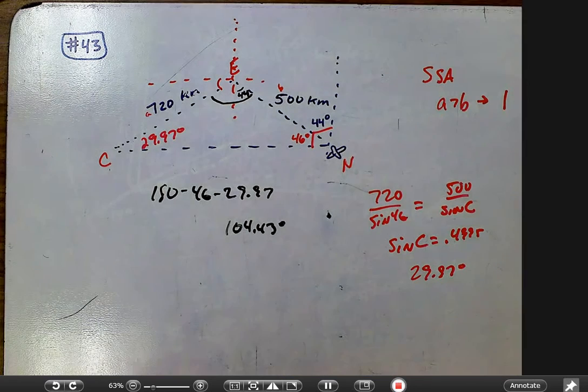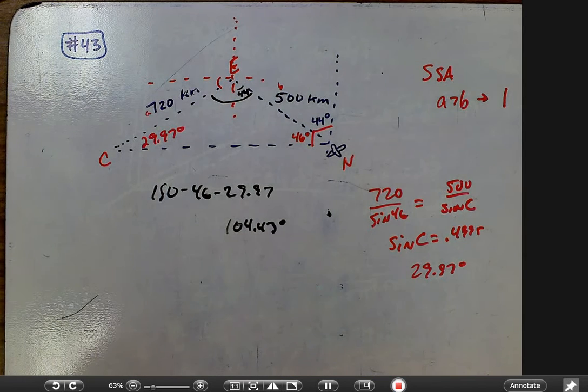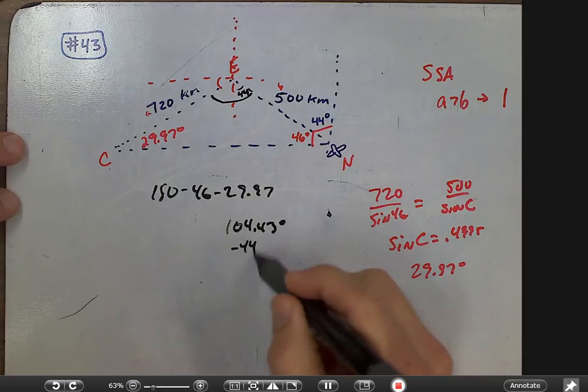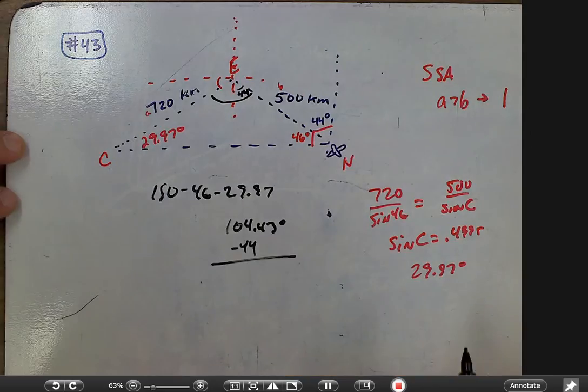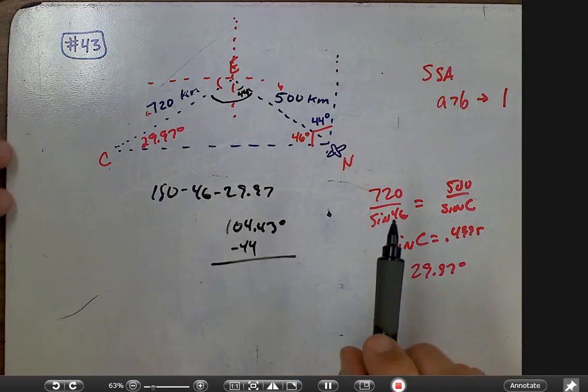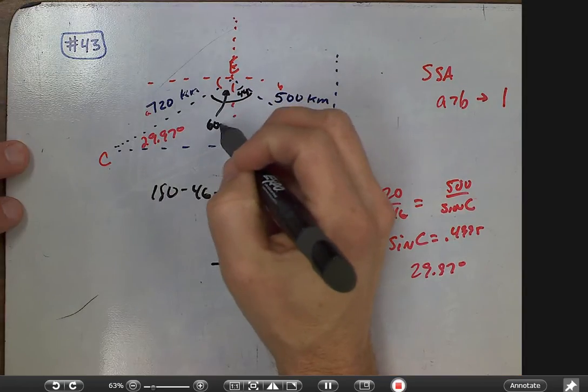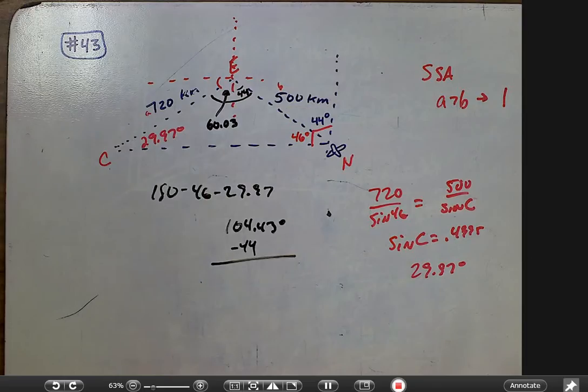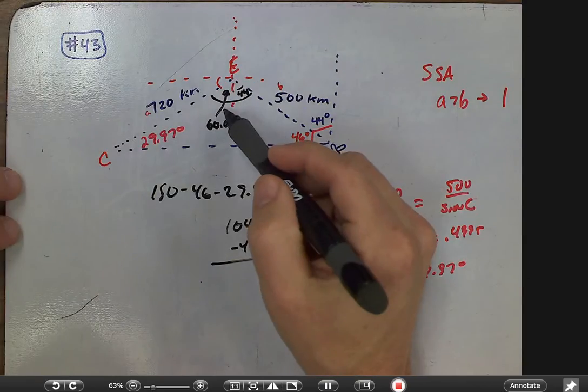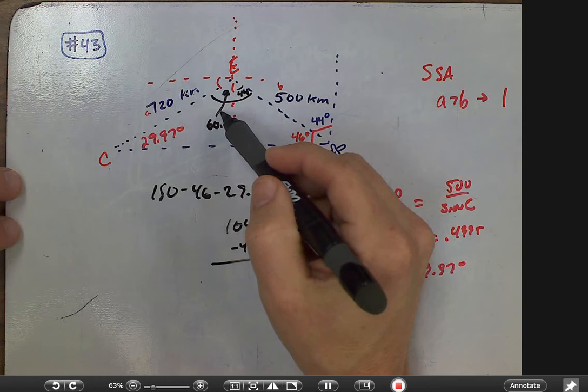It's going to be 44 in there, which means if I subtract 44, essentially, that means this angle right here is going to be 60.03. And so now I know that.